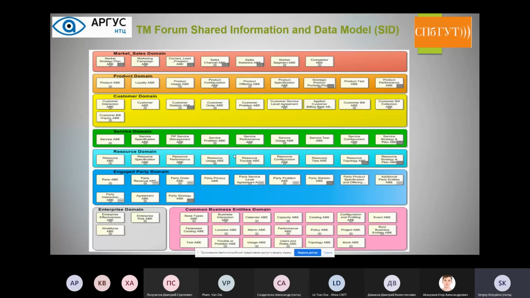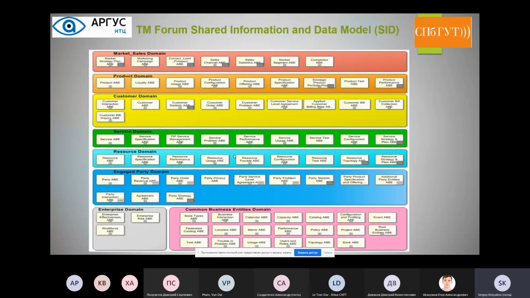So in the already known domain model, we need to make some additions which will reflect the focus of our digital twin on telecommunications. We used the already developed concept frameworks by TM Forum, which is currently the dominant and de facto standard in automation of telecommunications.